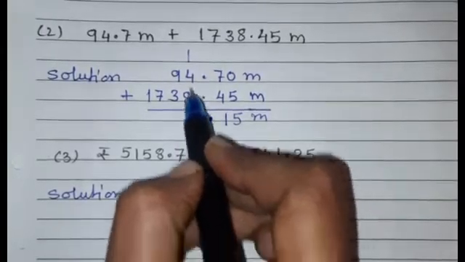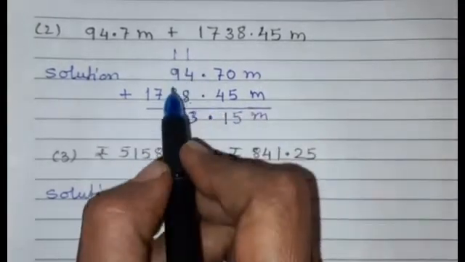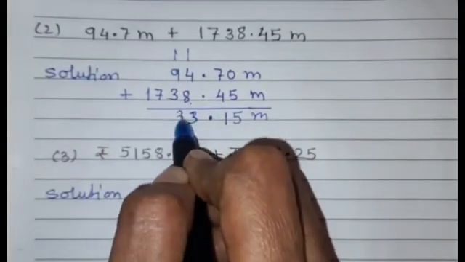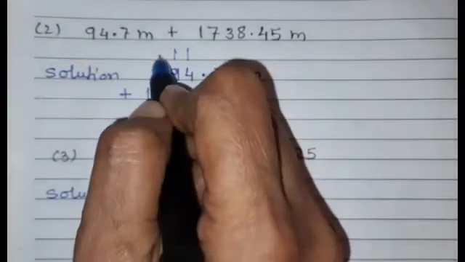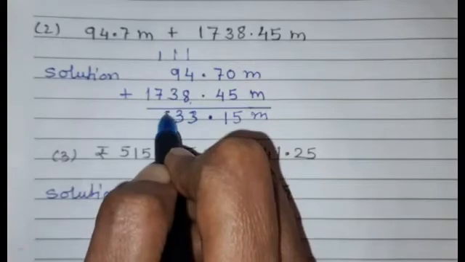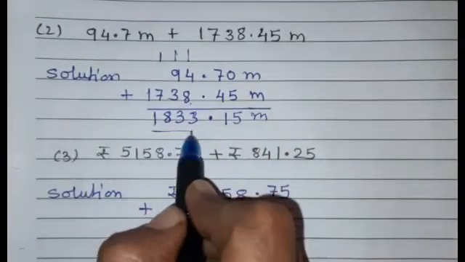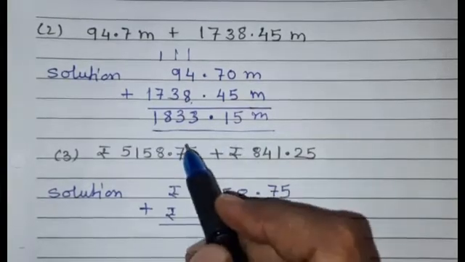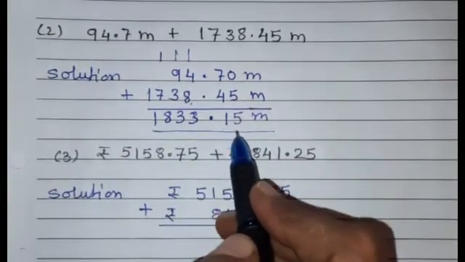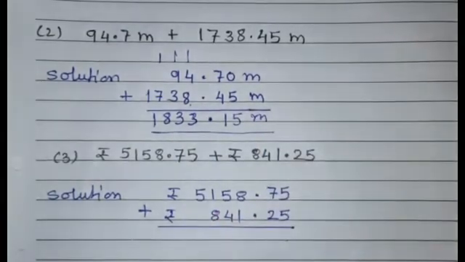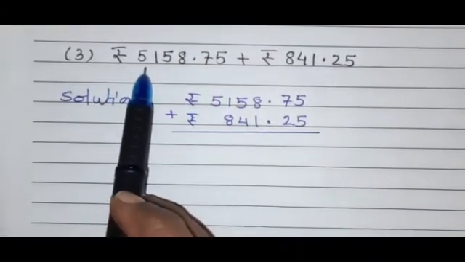So write here 3 and carried 1. 9 plus 1, 10 plus 3, 13. So write here 3 and carried 1. 7 plus 1 is 8. And here 1 as it is. So answer is 1833.15 meter.